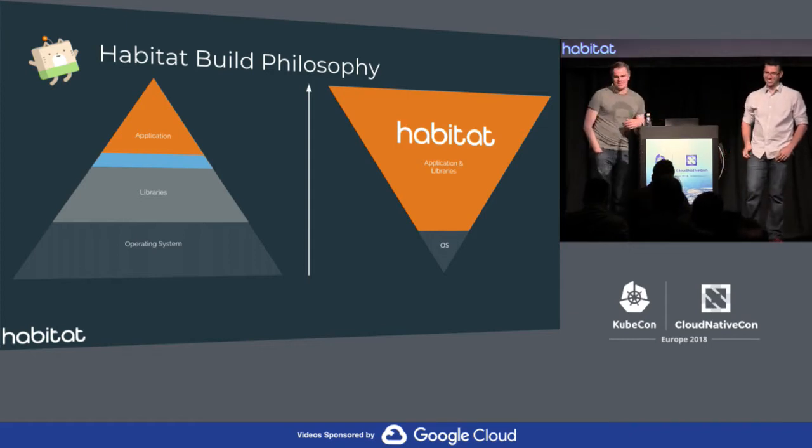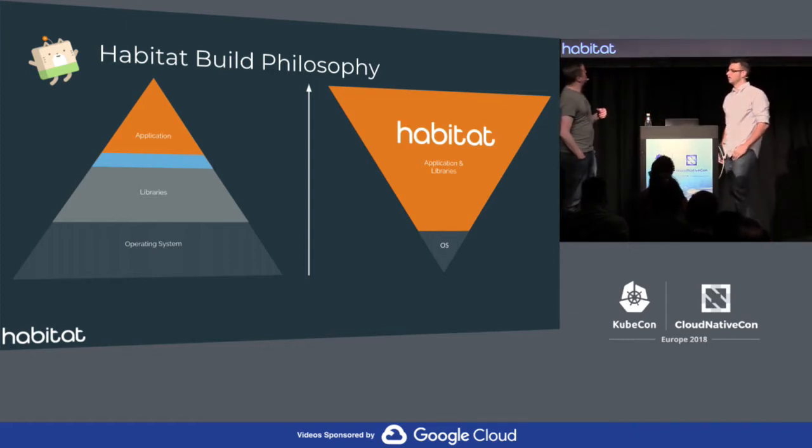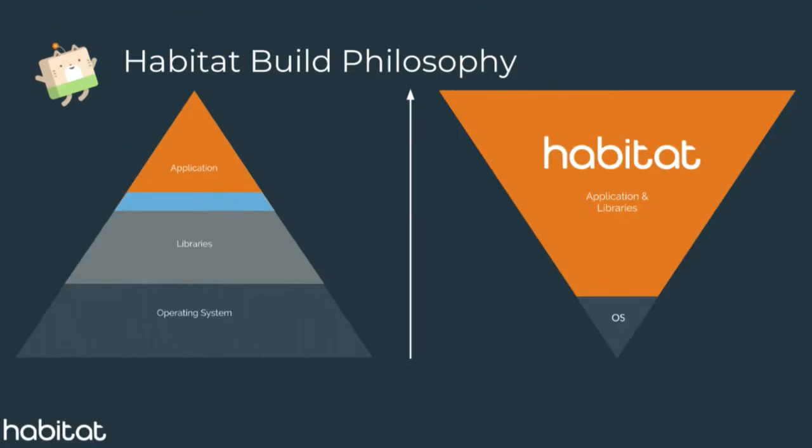So this is a way that some of us have thought about the approach to building, or where I want to be spending my time as an engineer working on an application or service. I want to be thinking about my application or my service, not what platforms I need to build it on, or what version of whatever native library I need to build it.